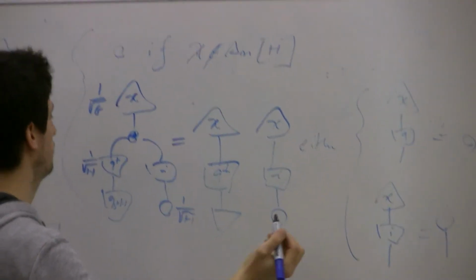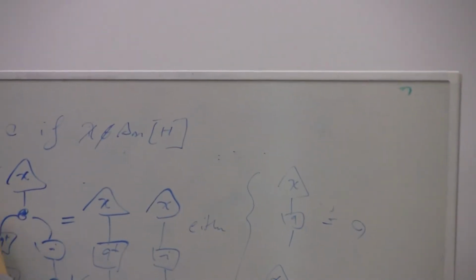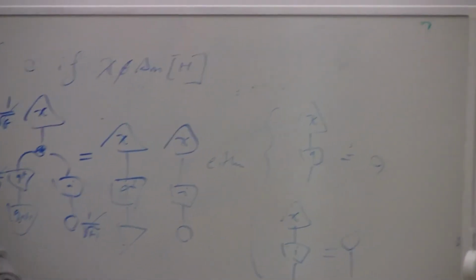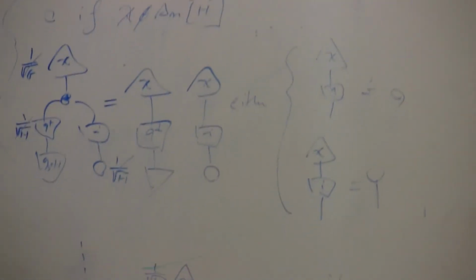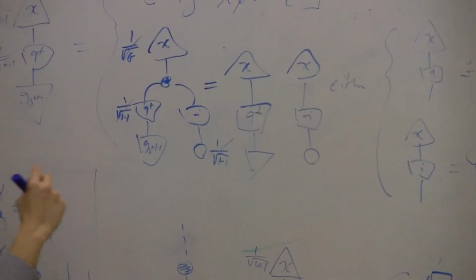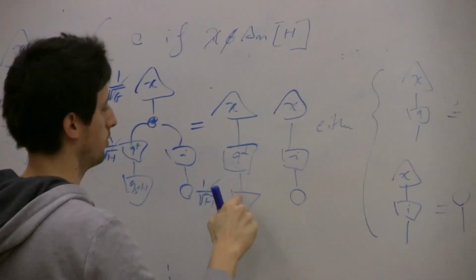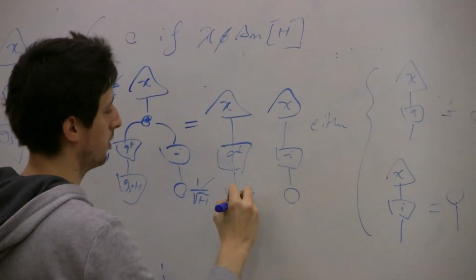And there are factors. I guess these will simplify to give 1 over root g. I had another factor somewhere. I guess it doesn't matter. I'll simplify to this. All right. So I have this.